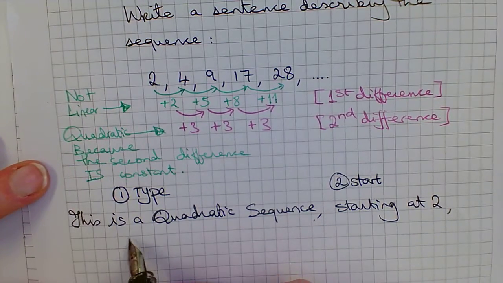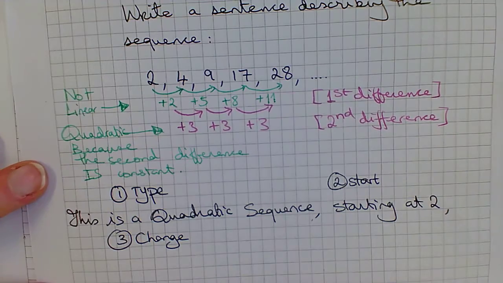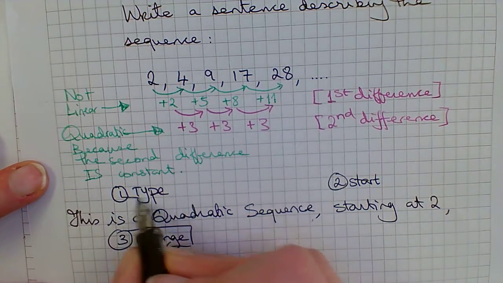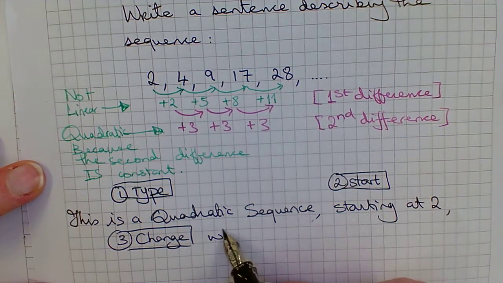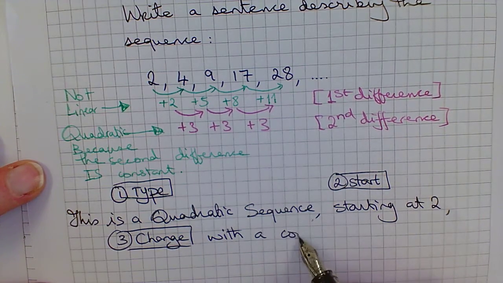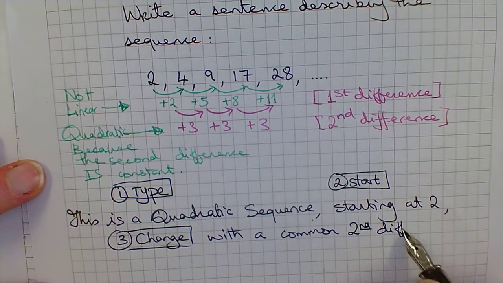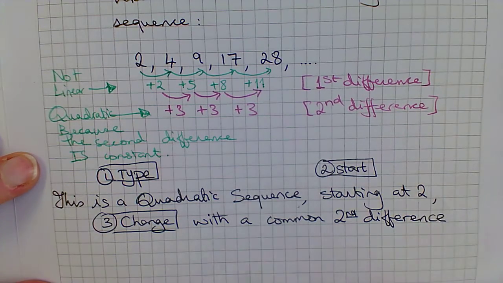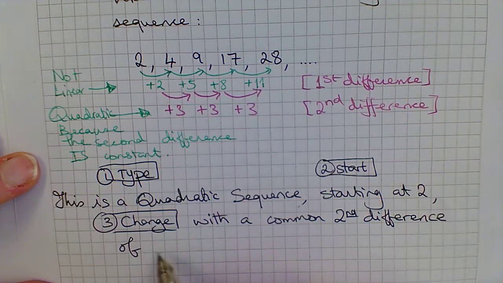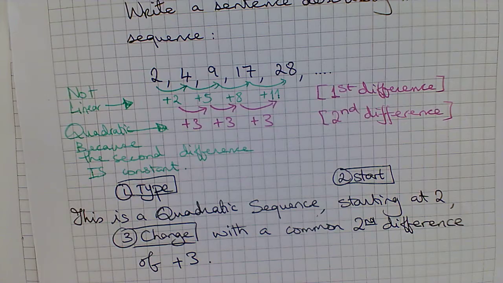And then finally, we need the change. The change in this case is the second difference, not the first difference. Starting at 2 with a common second difference. That's really important for quadratic sequences, that you say second difference, not first difference. So a common second difference of plus 3. There's the description of my pattern, accurately described.